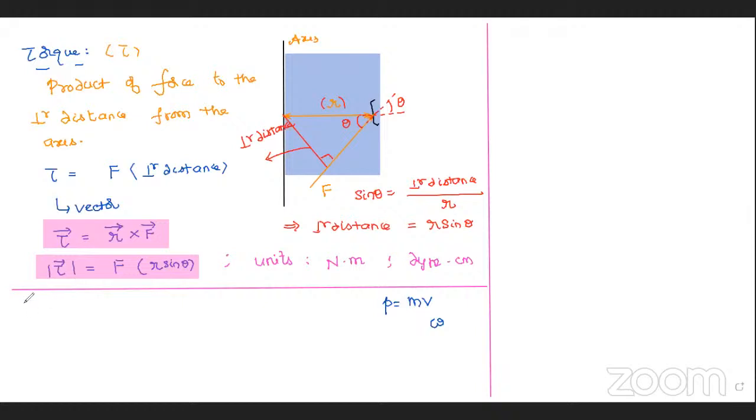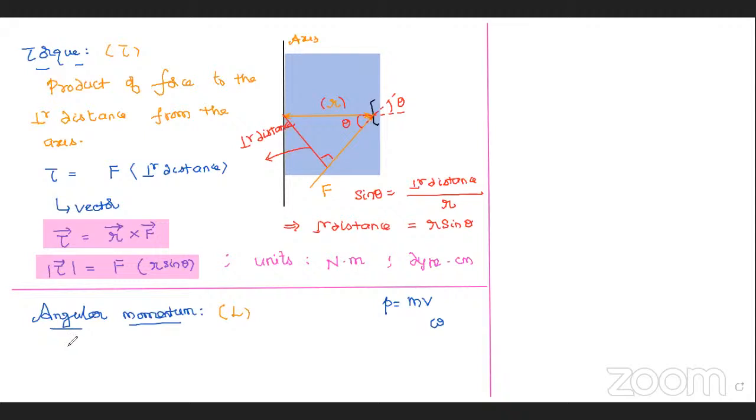The physical quantity that you will get here is the angular momentum. That angular momentum we represent with the letter L, and here it is exactly identical to the linear momentum.